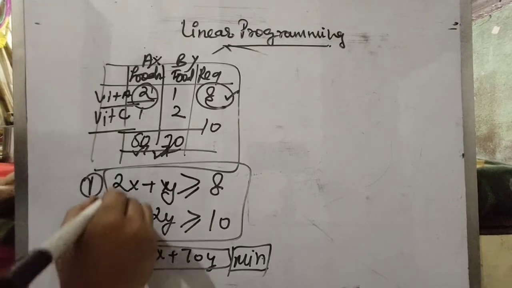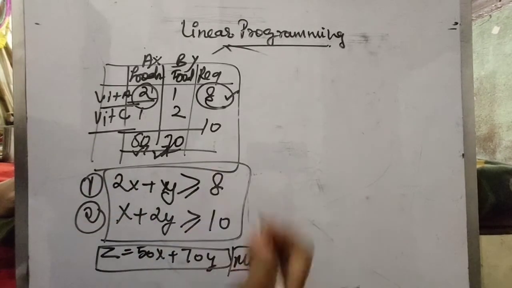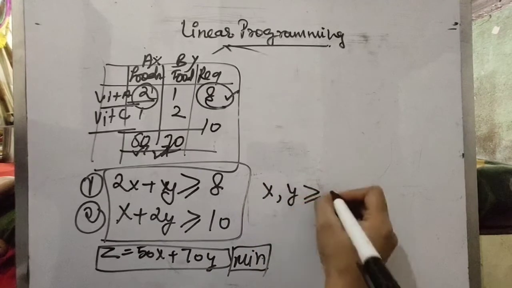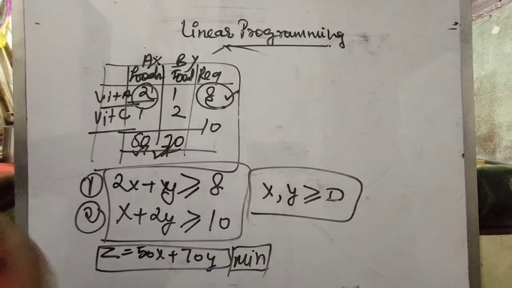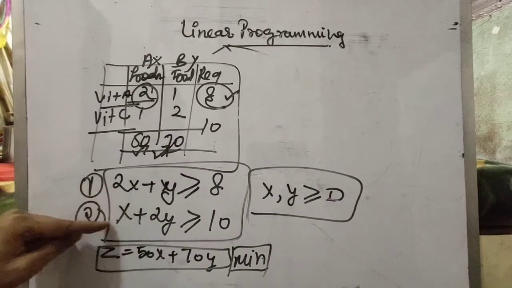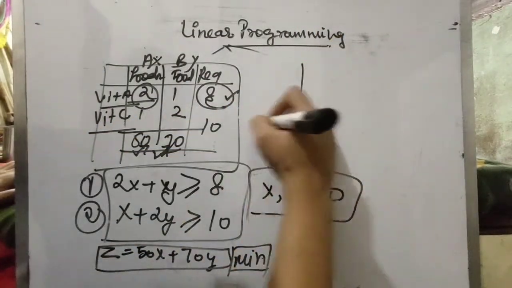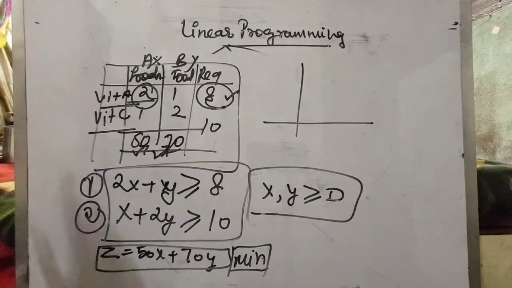Okay, so now you have received these two equations, and by default we'll also use x, y greater than or equal to 0. So whatever three constraints you are receiving here, you will plot them on the diagram of x and y and then take the values. The point of intersection will also be included if there is any.